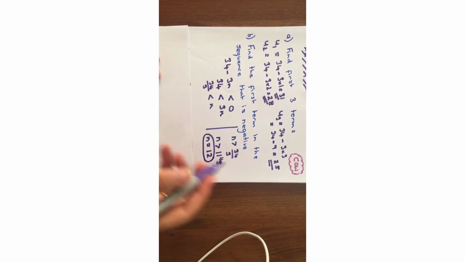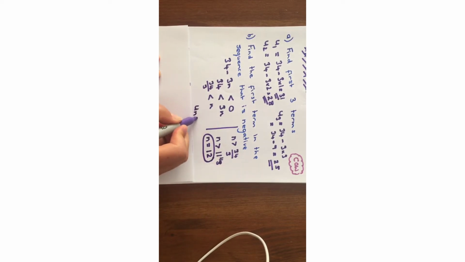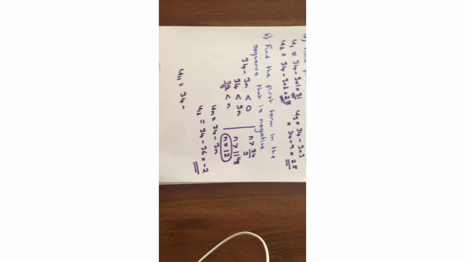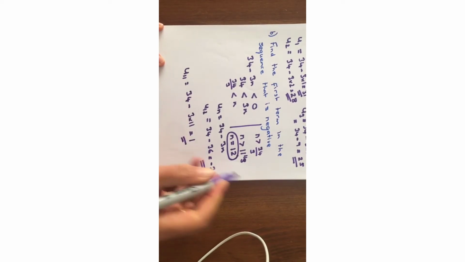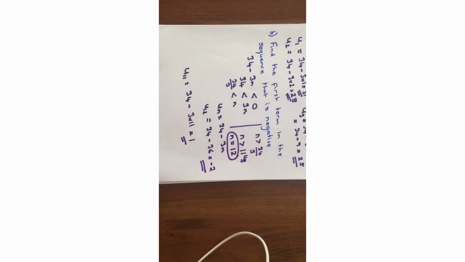If I was to put n equals 12 into my formula, so this is my formula for the nth term, when n is 12, so the 12th term, I get 3 times 12, 36, which is negative. The first term that is negative. If I put in 11, I will not get a negative number. So 12 is the first term that will be negative.